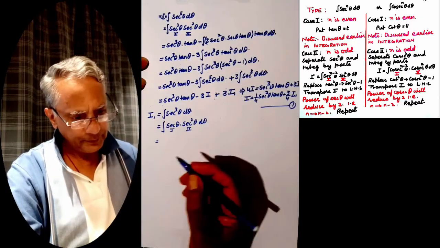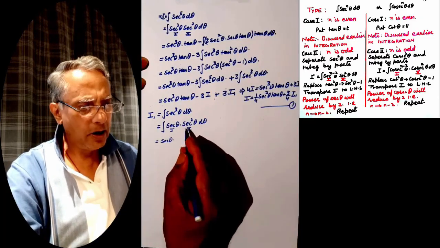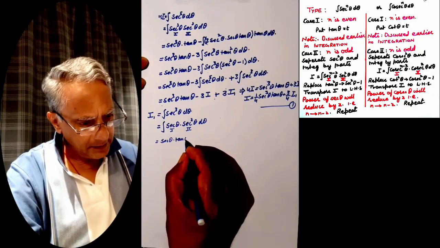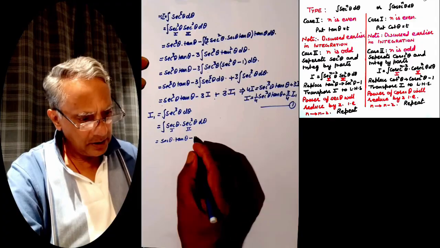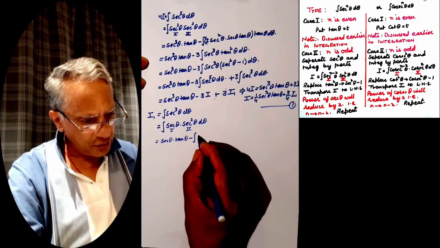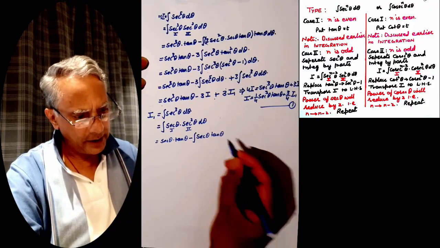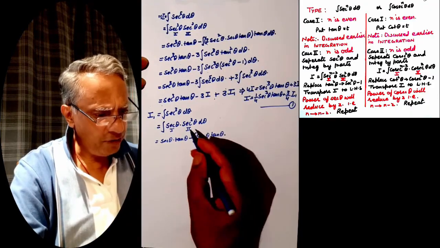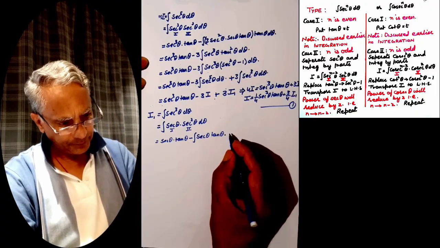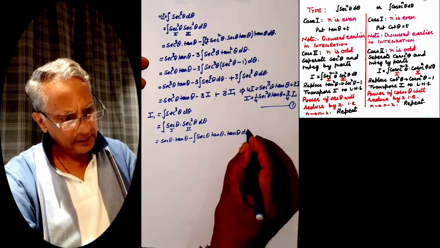This is equal to first function into integral of second. Integral of secant square theta is tangent theta minus integral of differentiation of first. Differentiation of secant theta is secant theta tangent theta into integration of second. Integration of secant square theta is tangent theta d theta.